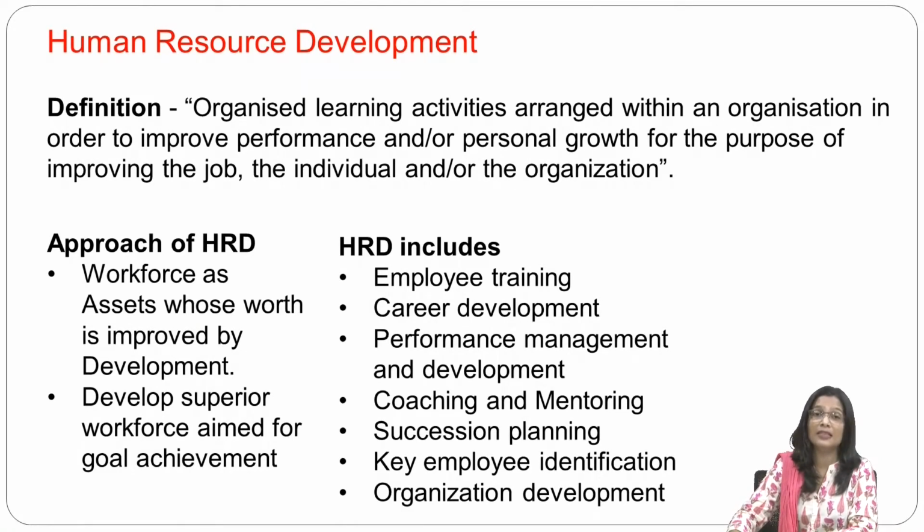So it's a three-tier process which starts at the very basic level of improvement in the jobs, which is taken care of by improvement in the small activities that are related to the job. Now, after this improvement in the job is achieved, obviously the employees will be in a better position to perform their jobs, and when they are in a better position to perform their jobs, the organization is going to benefit. So HRD is again a very important function of the organization.